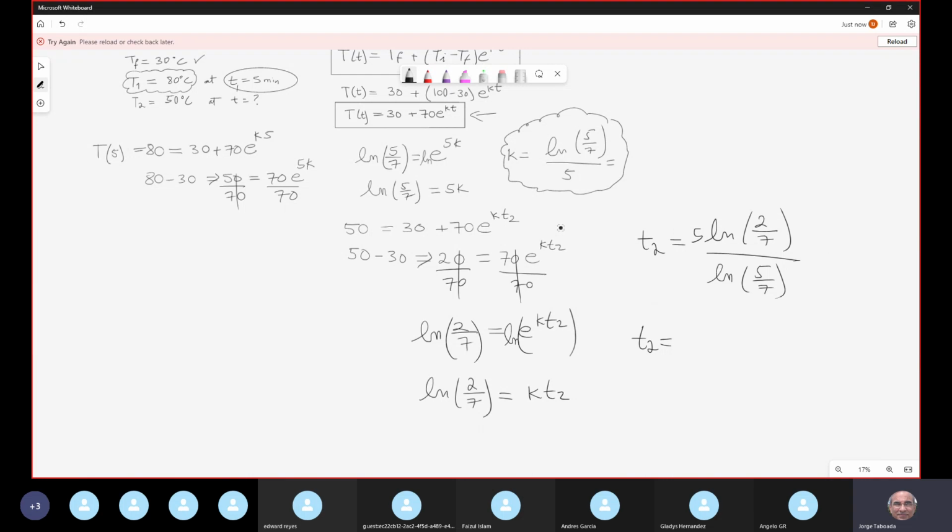And press enter. Wow, fantastic. I get the answer. Let me know what answer you get. And round to 1 decimal place. 18.6. Very well.